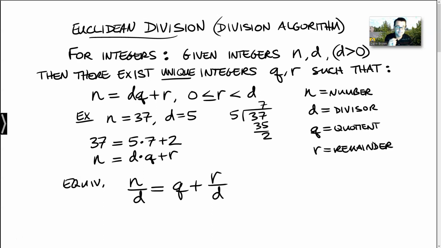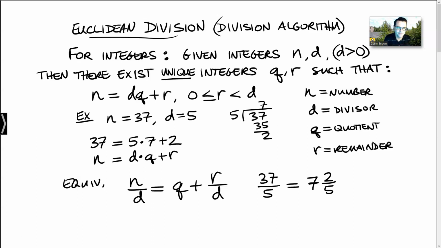So in that case, instead of saying 37 is 5 times 7 with 2 left over, plus 2, this would say 37 over 5, the fraction 37/5, is equal to 7 and 2/5. In other words, the Euclidean algorithm is just a way of converting an improper fraction to a mixed number, saying every improper fraction you can convert into a unique mixed number. So not really saying something that's that startling.